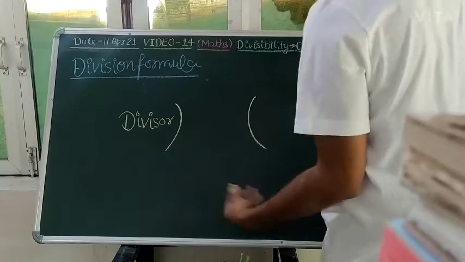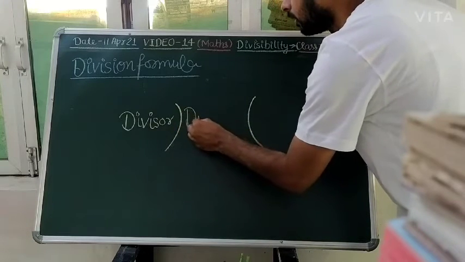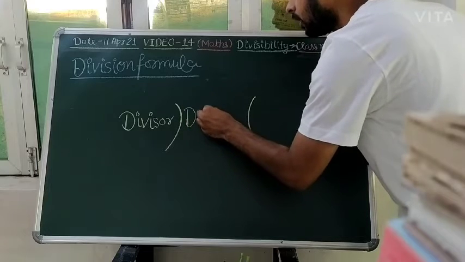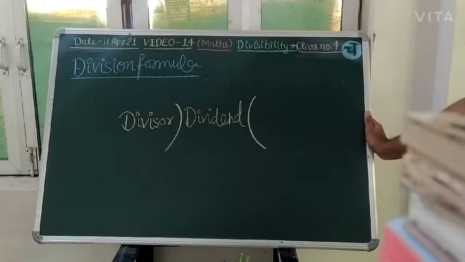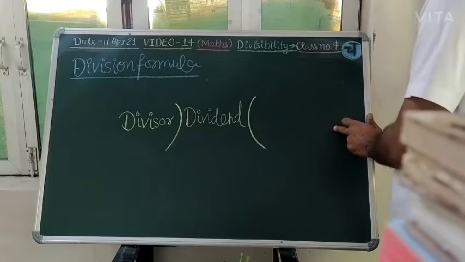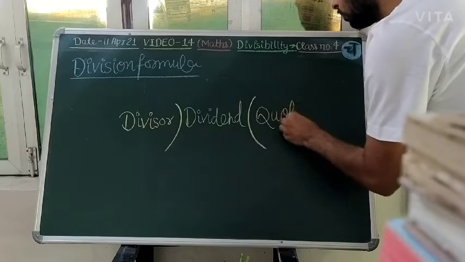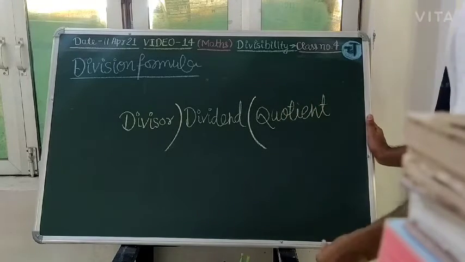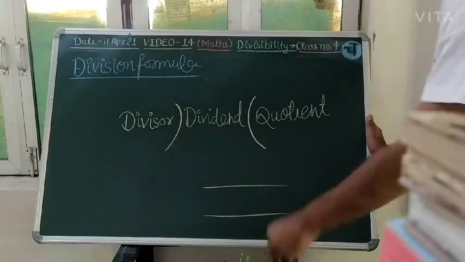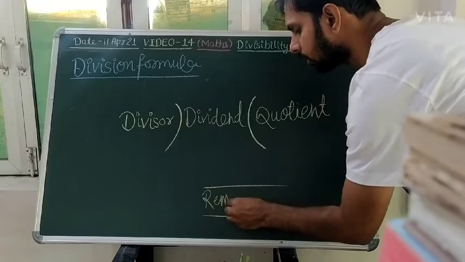Whatever number we select here is called the dividend. Whatever number comes here is said to be our quotient. And after dividing, whatever number is left in the end is said to be our remainder.